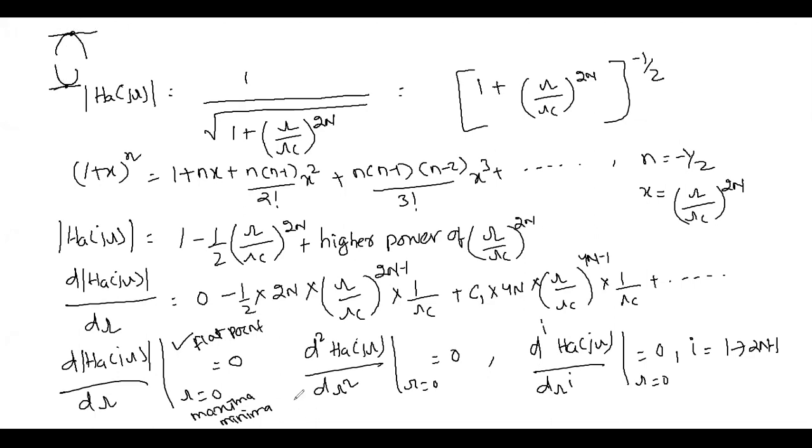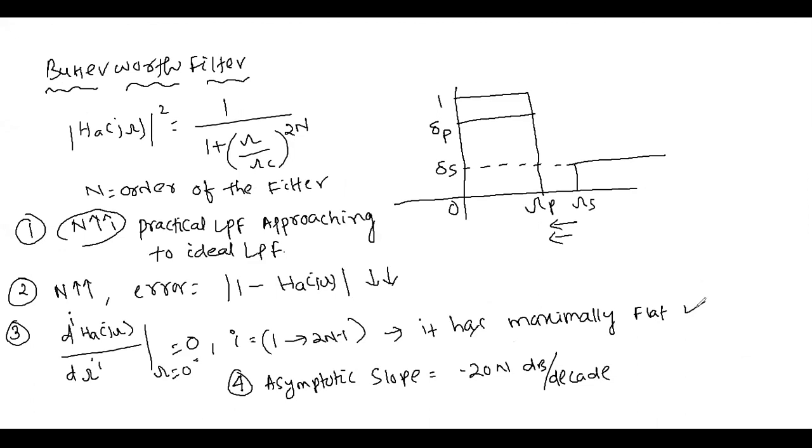But if you see here, so many differentiations are giving 0. It is not a single differentiation, it is more than one differentiation that gives 0. That is the reason the Butterworth filter has a maximally flat response. Now clear?